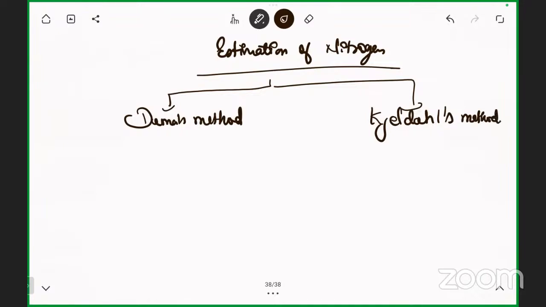So we have two methods for the estimation of nitrogen. So let's start. First, in Dumas method, what you have to do? Anyone know? Let me check what is in your syllabus, then I'll go for it. Here we have Dumas method.